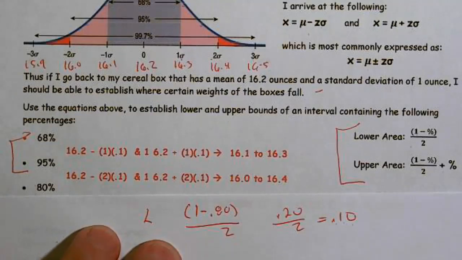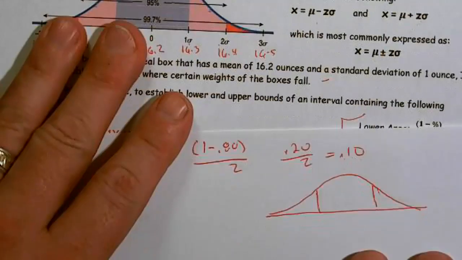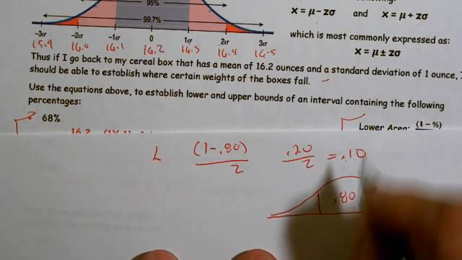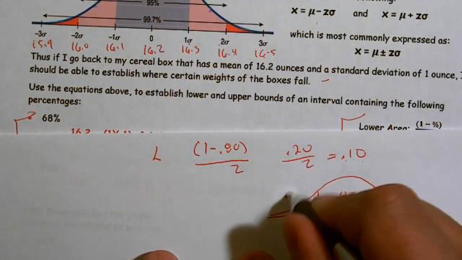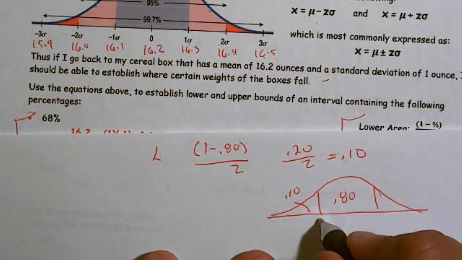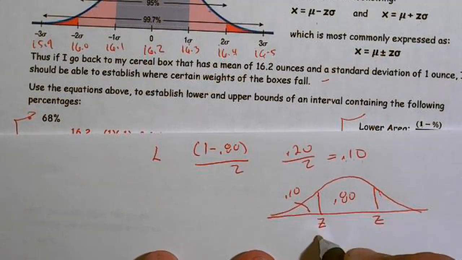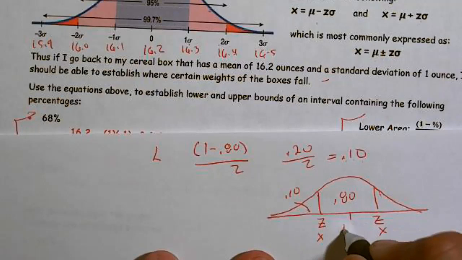If I'm drawing a picture, what we're actually saying is this. This area right here is 0.80, and this area right here is 0.10. And I need this z-score, and I need this z-score, and I'll need this x, and I'll need this x. And we know that we're centered at 16.2.